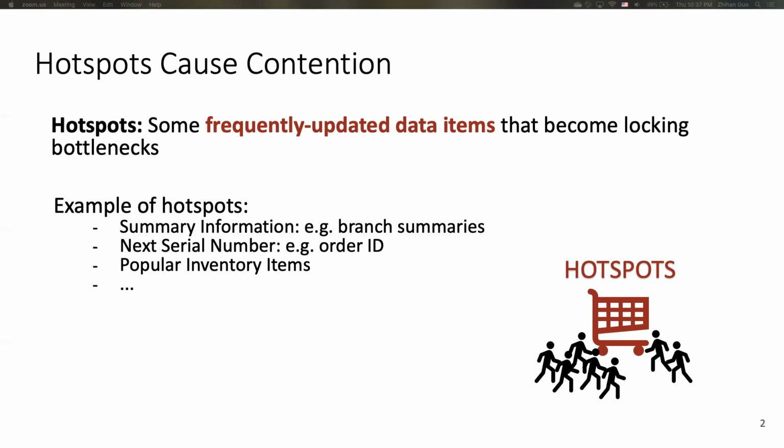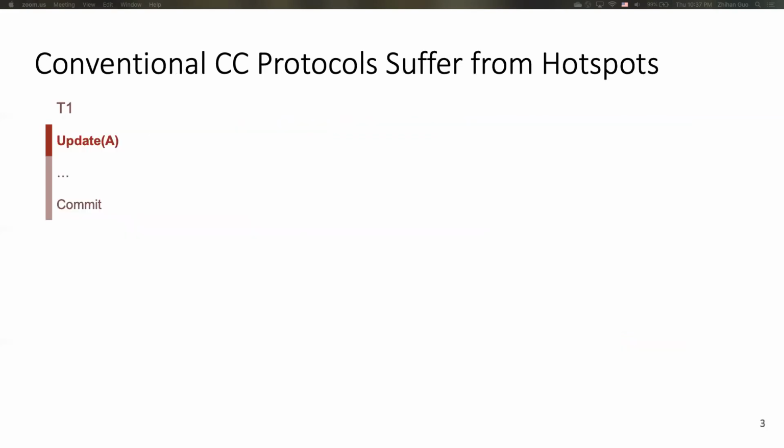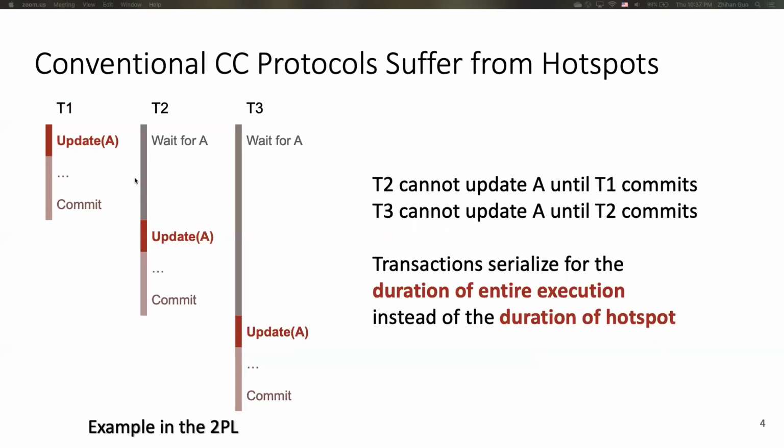Next, we show an example of how hotspots cause much contention in conventional concurrency control protocols, such as two-phase locking. For example, we have a transaction T1 trying to update a hotspot A at the beginning of its execution. Two other transactions, T2 and T3, also try to update the hotspot A at the same time.